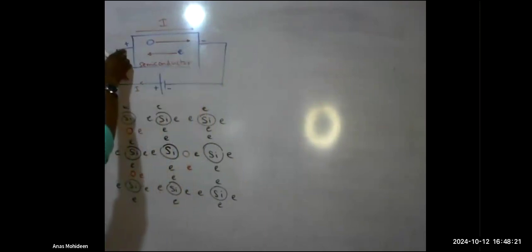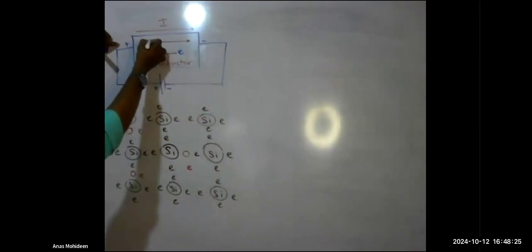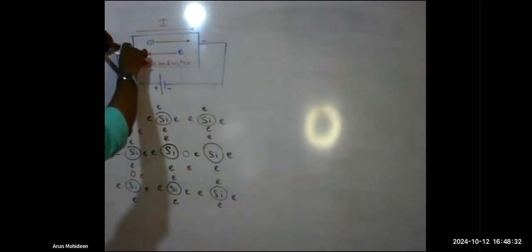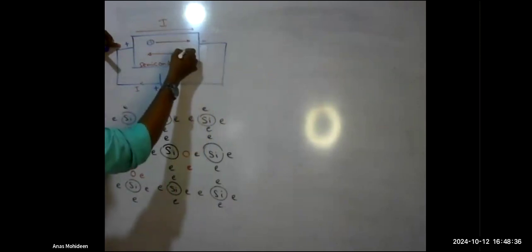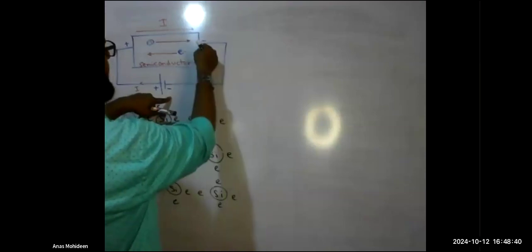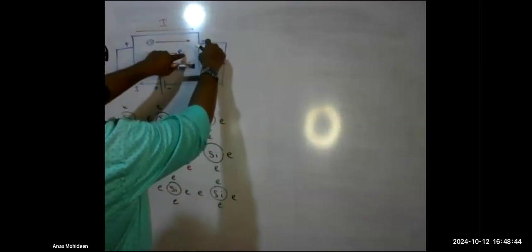Positive connected here, positive to positive will be repelling, right? These are positive charges, so free holes will move from the positive terminal to the negative terminal. And electrons are minus, so with the negative terminal connected here, negative charges, electrons, will be repelled.